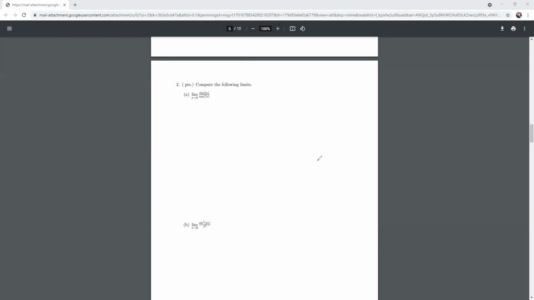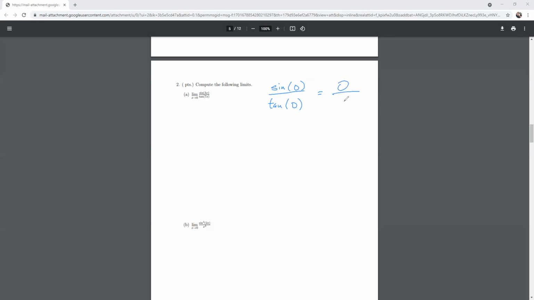So first thing you want to do with a limit is try to see if you can plug in x equals 0 and if it works out. So what would happen in that case? We have sine of 3 times 0, that's just 0, over tangent of 7 times 0, but again, that's just 0. Sine of 0 is just 0.